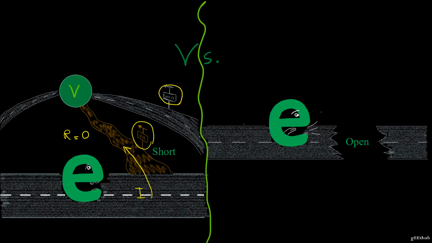So it will always take the path of zero resistance. Whereas in an open circuit, we're just saying that, hey, resistance is so large, infinite, that no current can pass through that path.